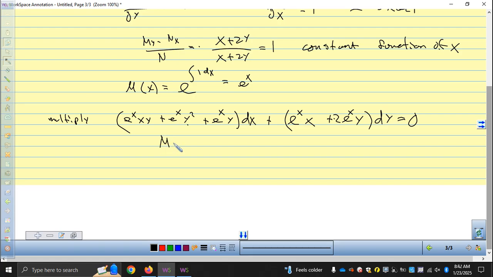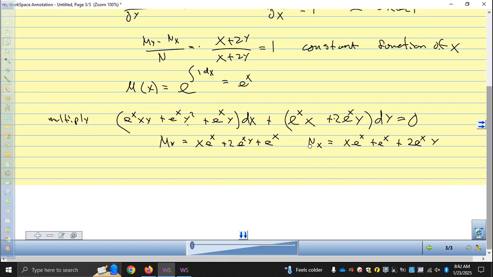And now if I check partial of M with respect to y, I get x e to the x plus 2 e to the x y plus e to the x. And N sub x is x e to the x plus e to the x plus 2 e to the x y. So now we have an exact equation.